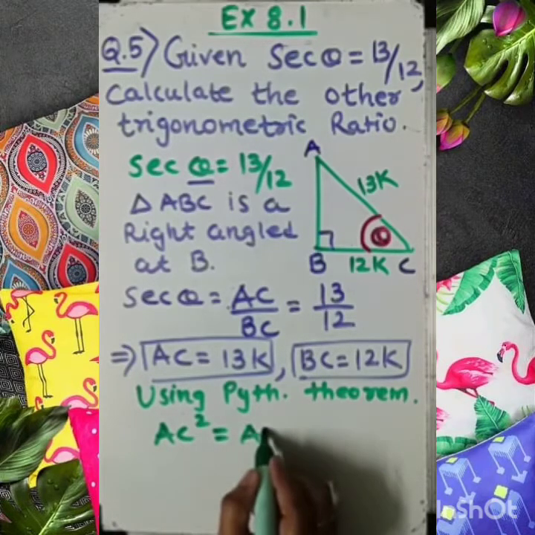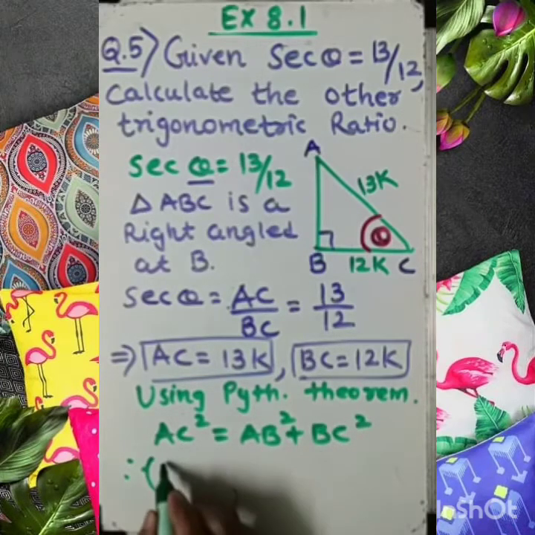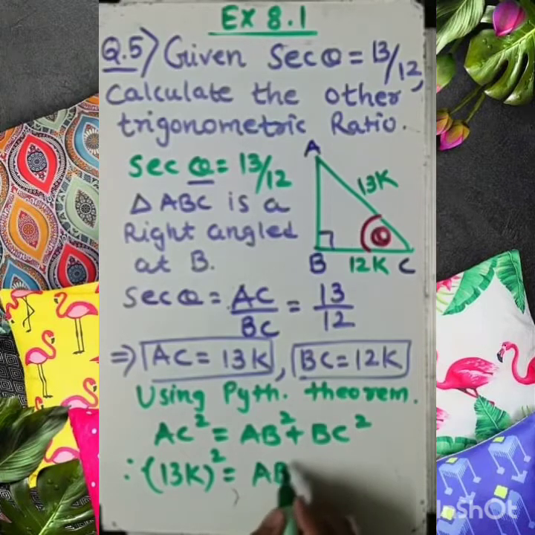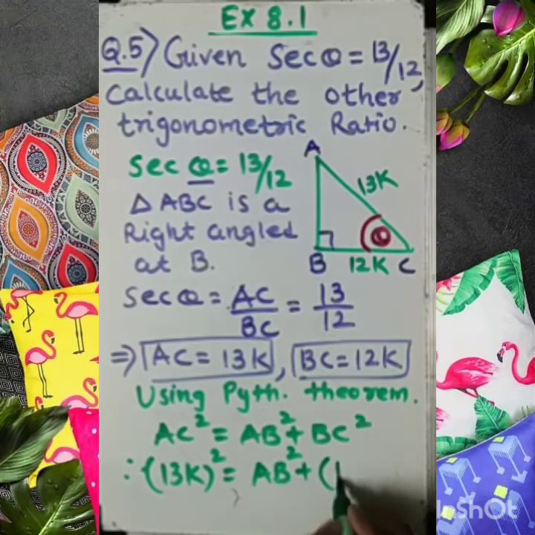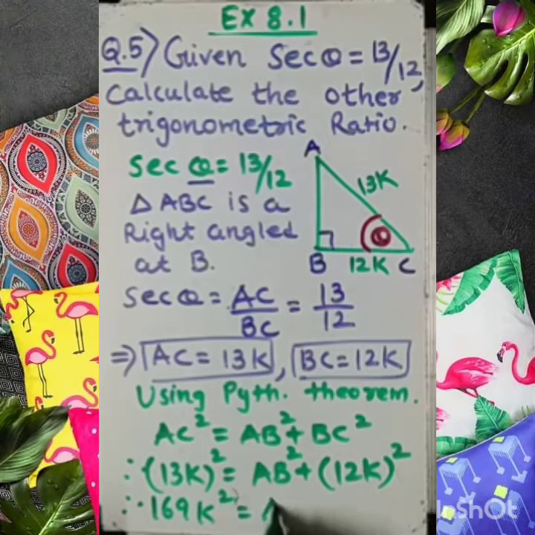AC square equals AB square plus BC square. Therefore, 13K whole square equals AB square, which we need to find, plus 12K whole square. You know very well the square of 13 is 169 and the square of 12 is 144, along with K square. This is the simplification. Now this term I am bringing to the left side, so it will become minus.